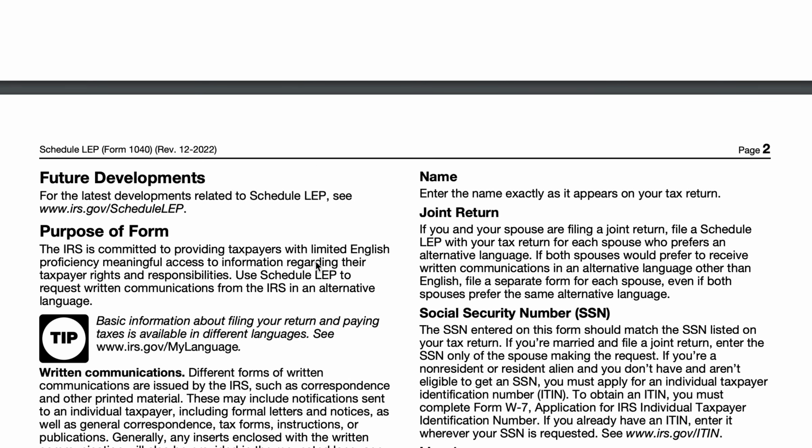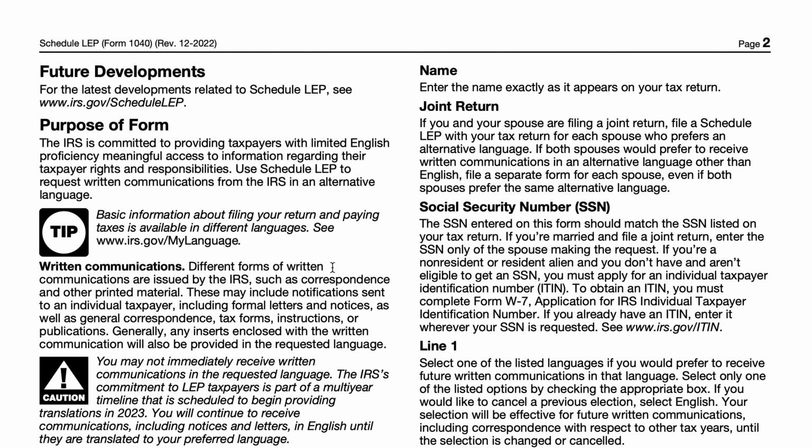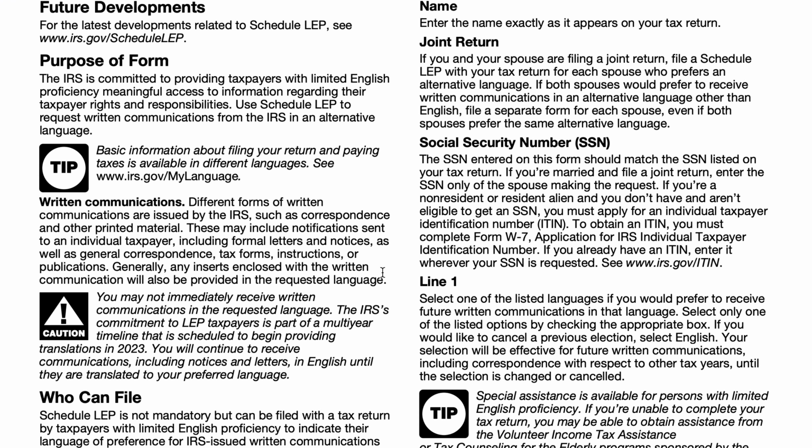So let's go over a couple of things that might be of importance to you. So what kind of correspondence is included when you file Schedule LEP? The IRS instructions aren't very specific, but you could expect notifications. Pretty much anything that's a formal letter or a notice to you as a taxpayer should come to you in your preferred language.